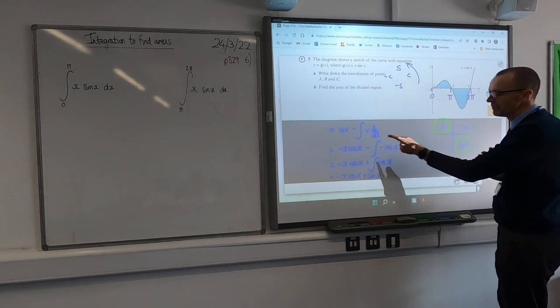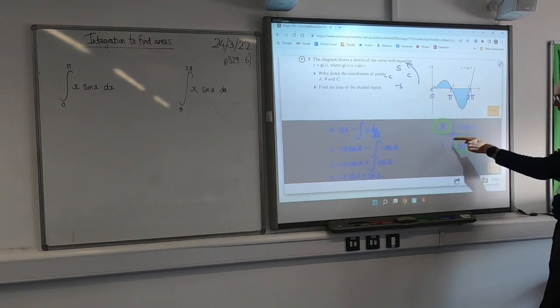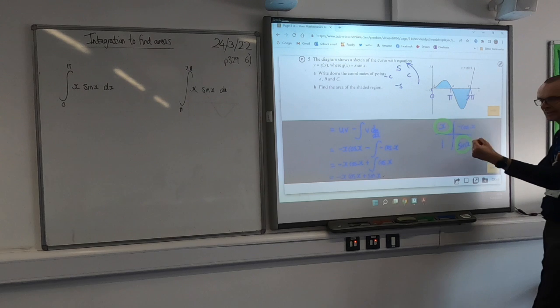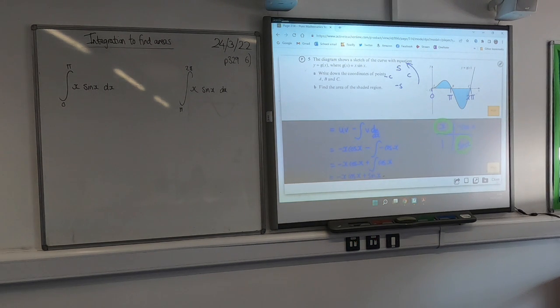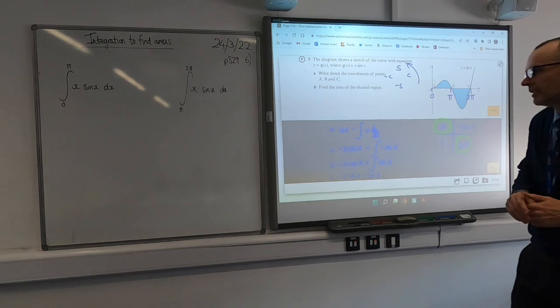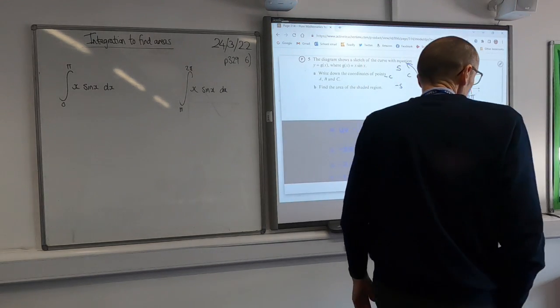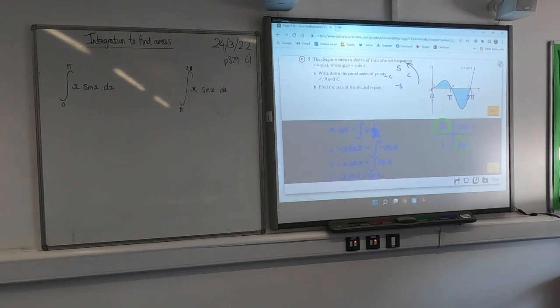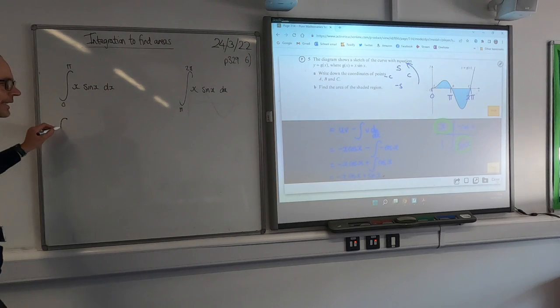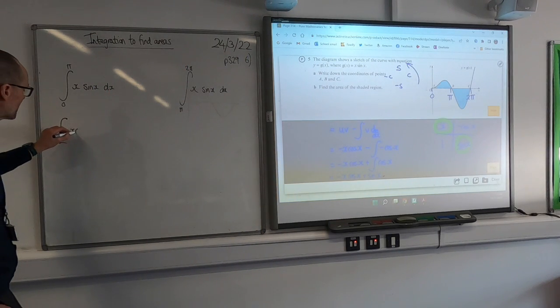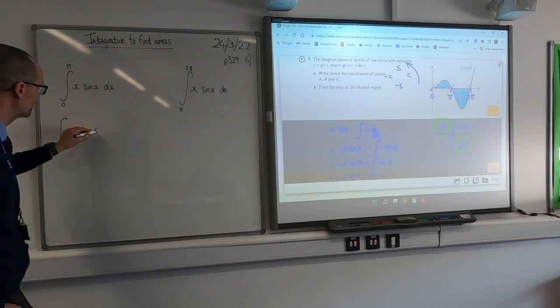So because I had a minus cos x, I just pulled that minus out to make a plus. Didn't have to do that, you would have got the same answer. So when I integrate this, I get minus x cos x plus sine x.